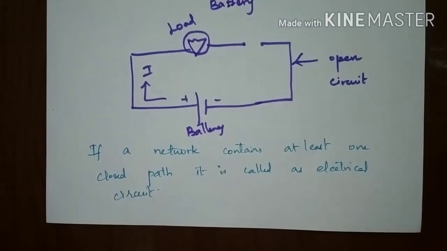Definition: a simple electrical circuit is formed by connecting the two terminals of all electrical devices using connecting wires. It must have the basic components of source, sink and connecting wires.